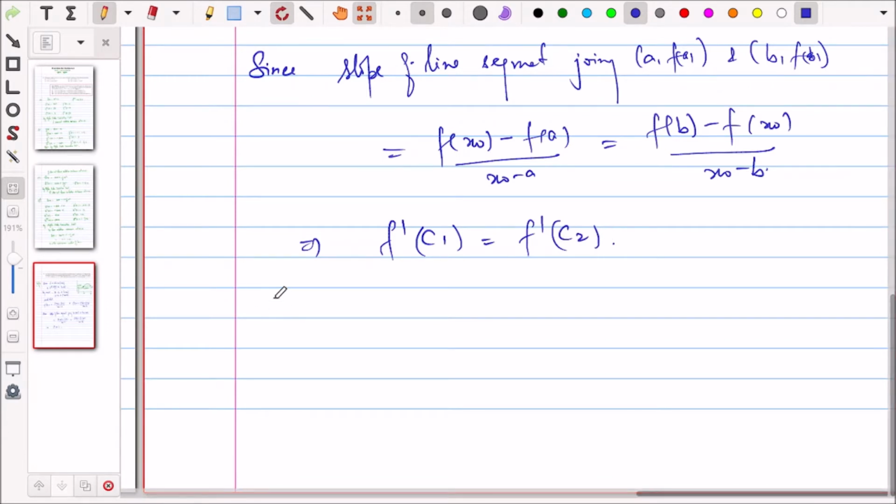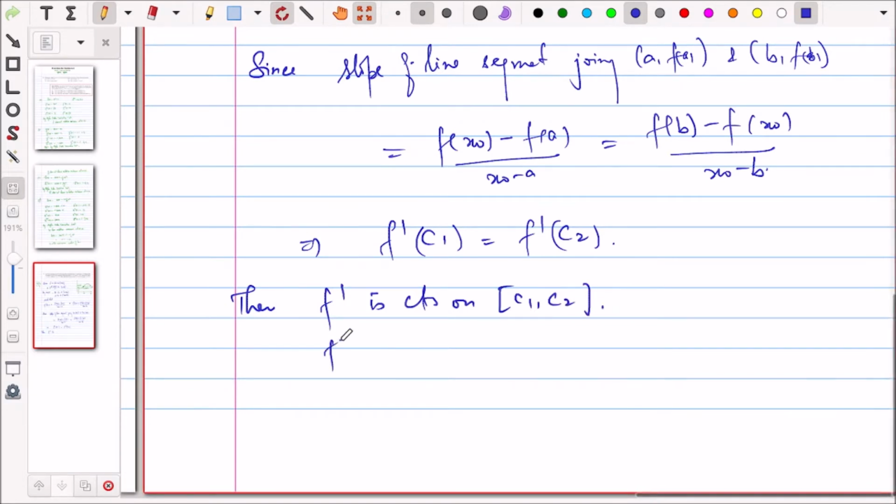Then f dash is continuous on the closed interval [c1, c2] and f dash is differentiable on (c1, c2) because the double derivative exists. Also f dash c1 is equal to f dash c2.